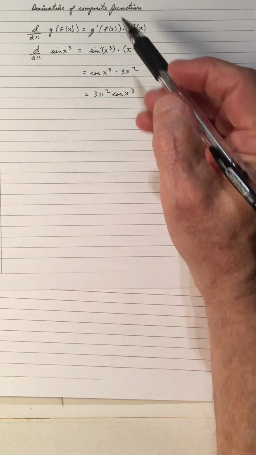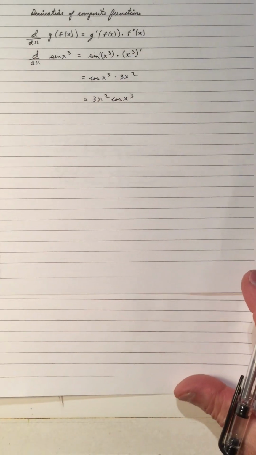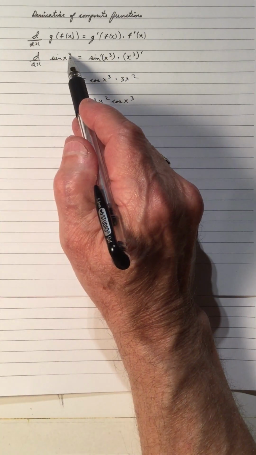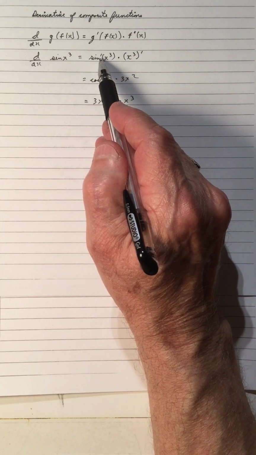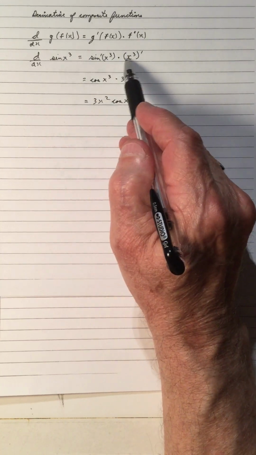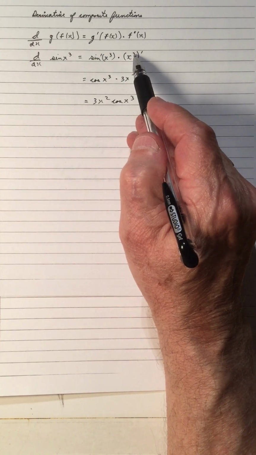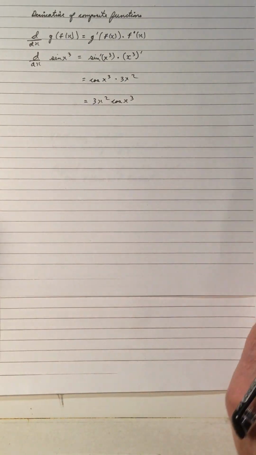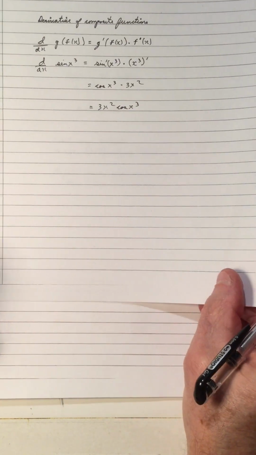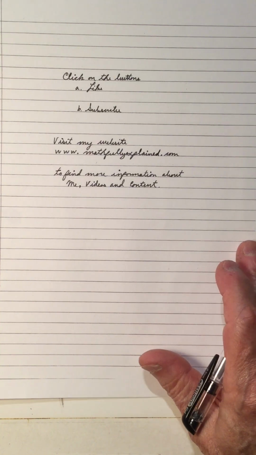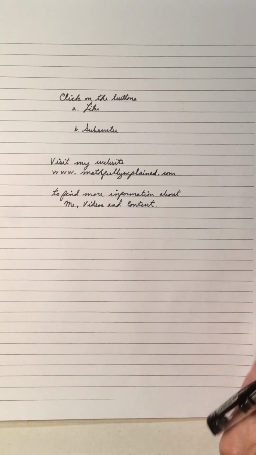And here, sine is the outside one and x cubed is the inside one, so you do the derivative of sine with x cubed, times the derivative of x cubed. Always do the derivative of what's on the inside when you're doing the chain rule. You'll see more examples, because a lot of students get confused using the chain rule.